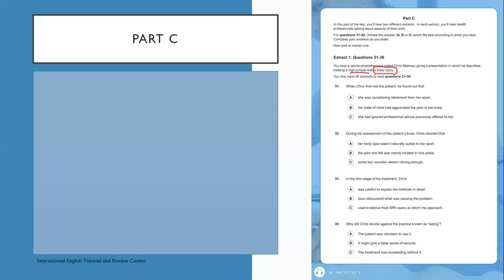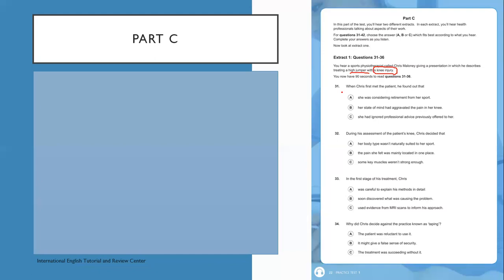Okay, so in this part, the recording will not tell you which number you are going to answer. So you have to concentrate on the focus of the conversation. You will be given 90 seconds for each interview.